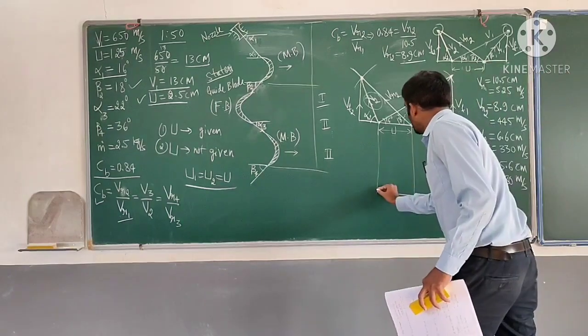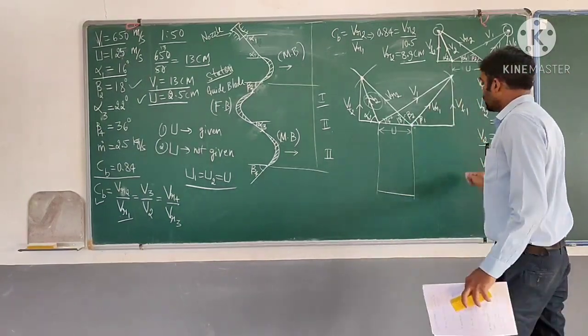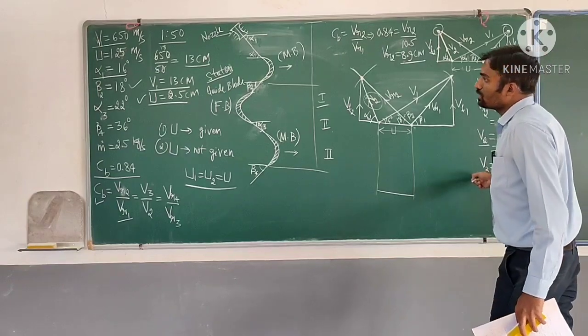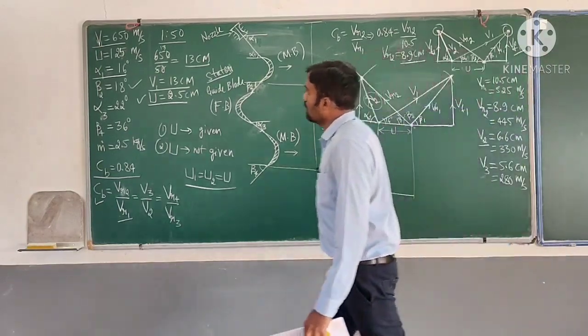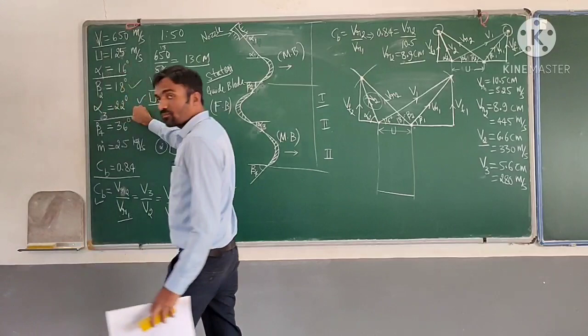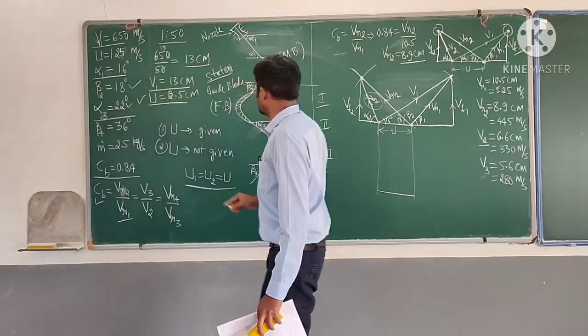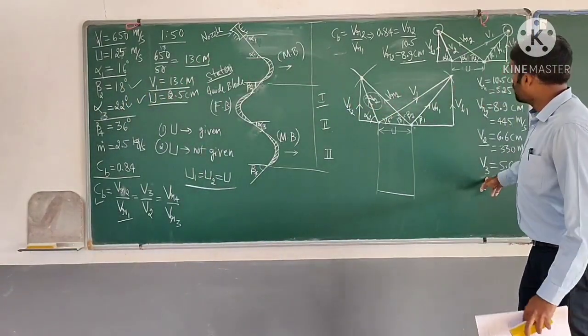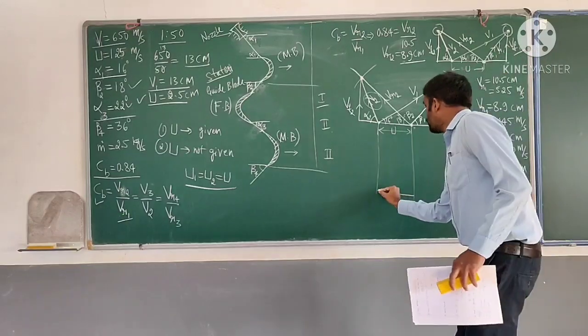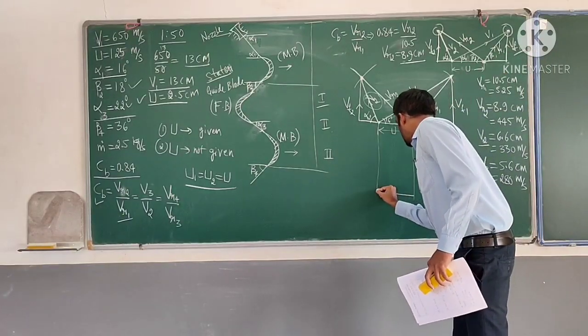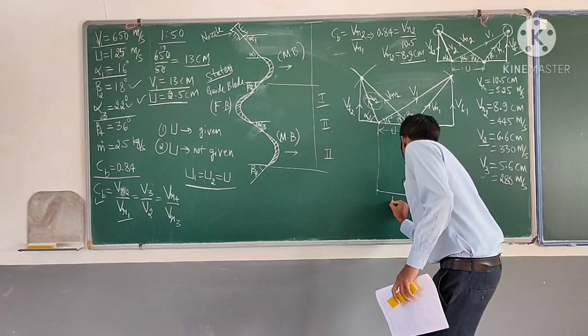So I know that V3 is towards this side. If I know the angle alpha 3, then I can draw the line. Yes, alpha 3 is also given. So I know the value of V3 and alpha 3. First, I will mark a point.